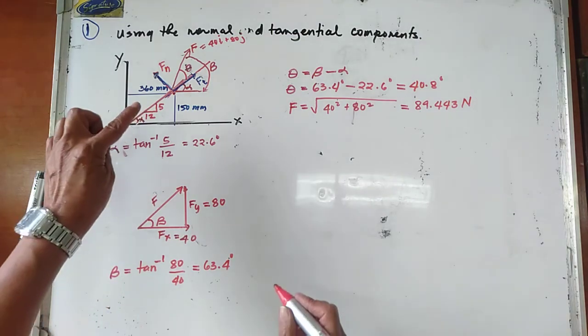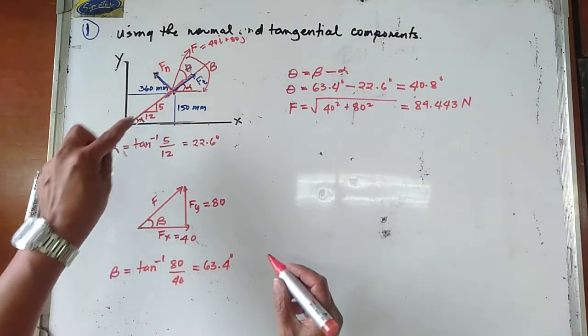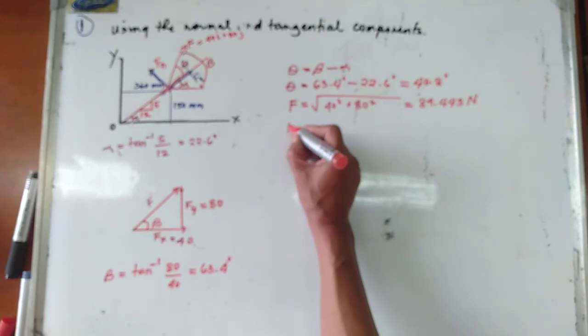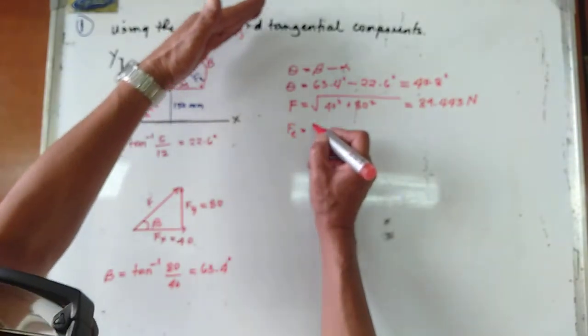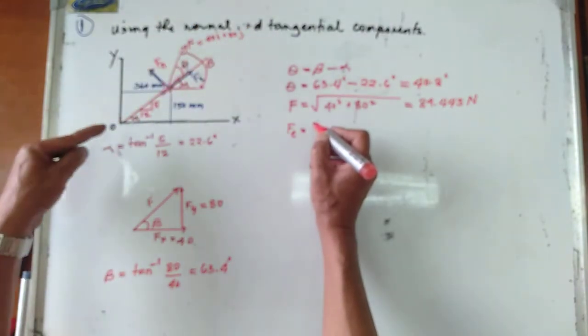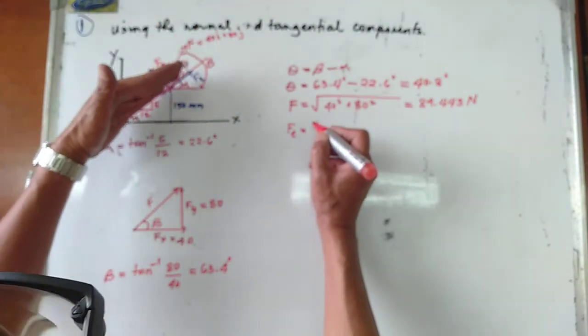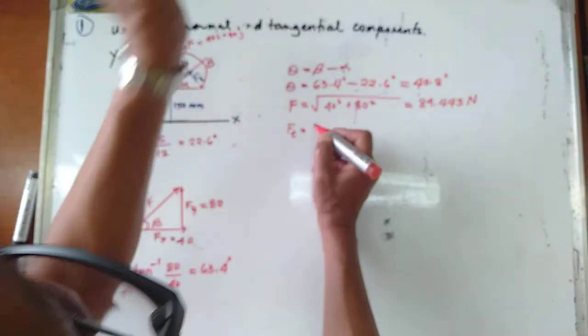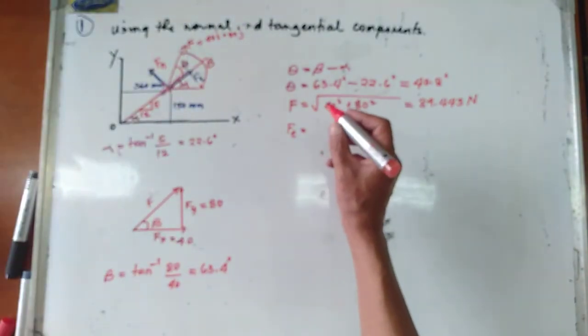So the component of the force F in the tangential axis, so this is your tangential axis, goes directly to point O. So we now have the tangential component.